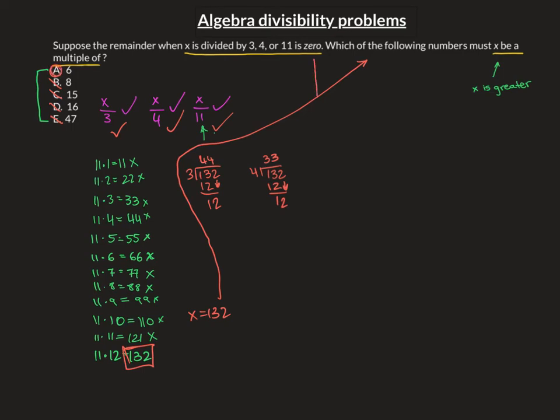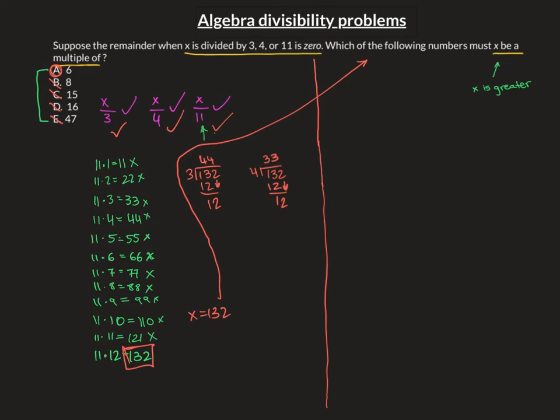Now that was the first method. Now let's look at the second, easier and shorter method. Because x can be any number as long as it follows the restraints, which is that it must be divisible by 3, 4, and 11, that original number, 6, would work in any scenario.